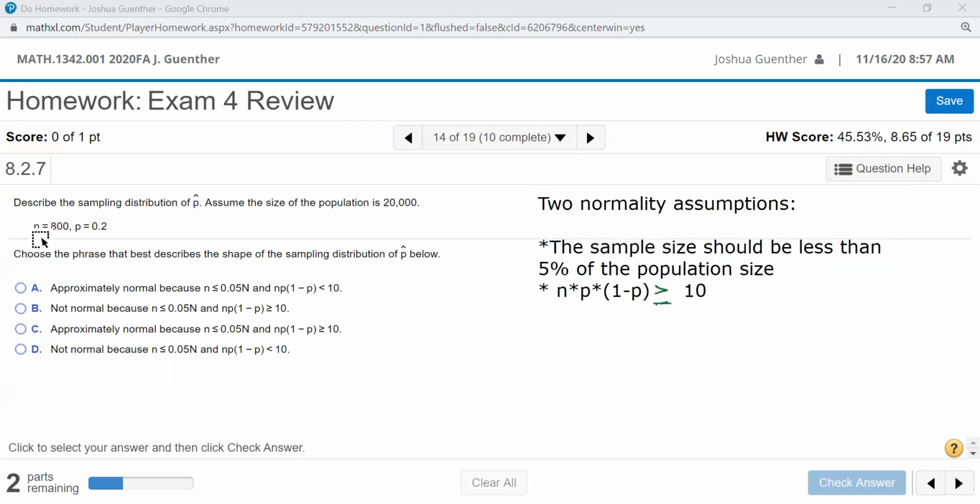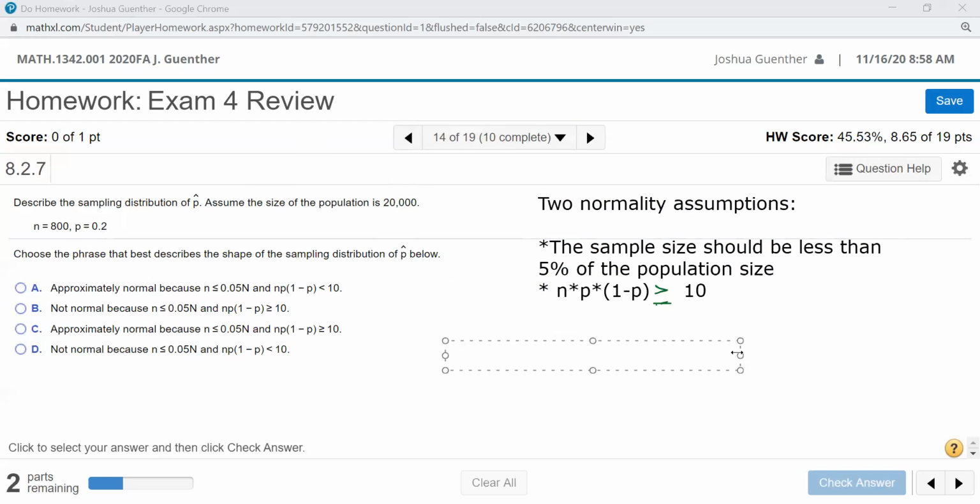Where n is the sample size, p is the proportion of the population that has the characteristic. We're trying to do inference on the sample proportion, but that's why they can give us 0.2. So let's do those calculations.